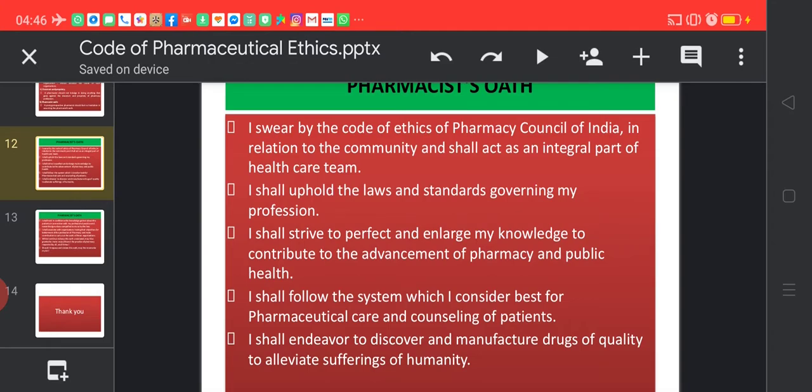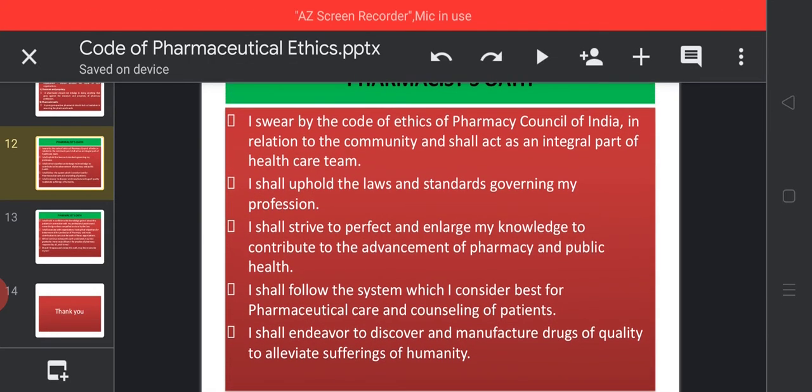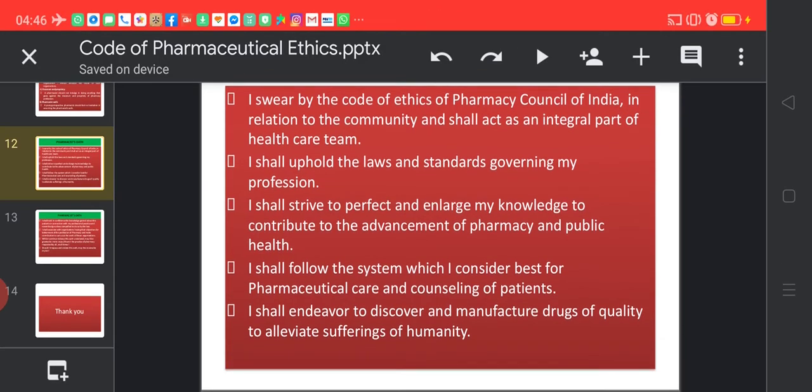We shall endeavor to discover and manufacture drugs of good quality standards, so that we will be able to alleviate the sufferings of humanity, of human healthcare.